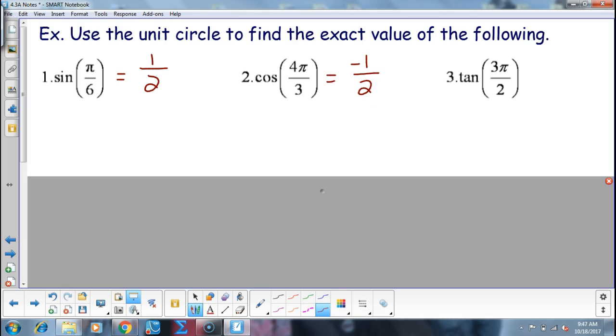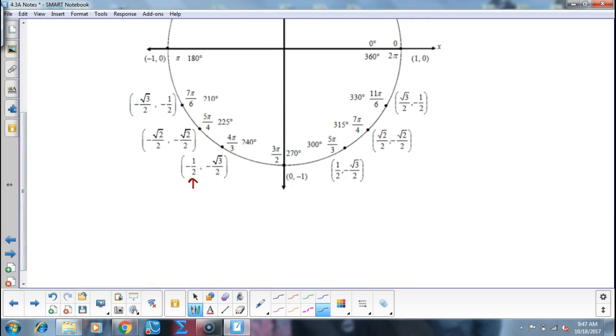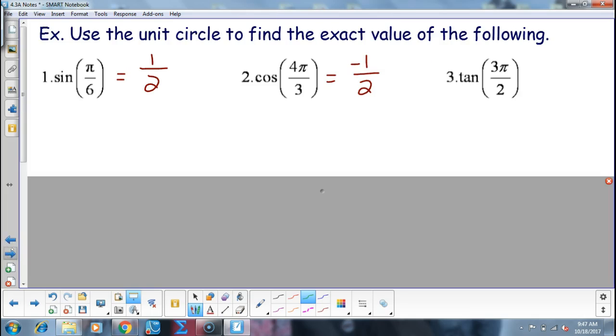Tangent at 3 pi over 2, we said tangent was y over x, correct? So I look back at y over x. That's going to be negative 1 over 0. Is that possible?